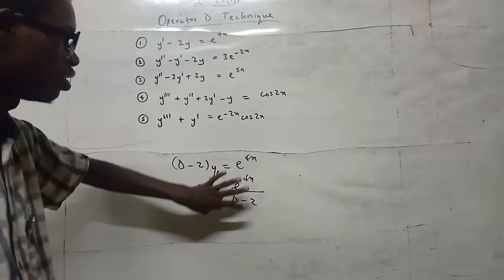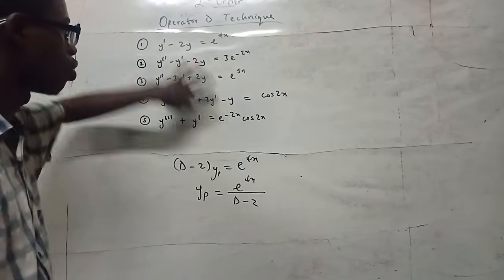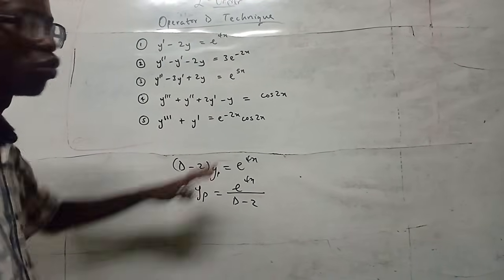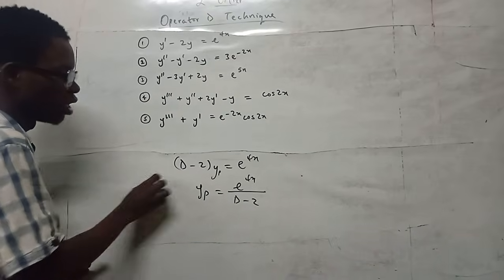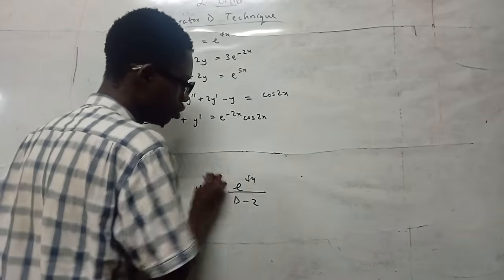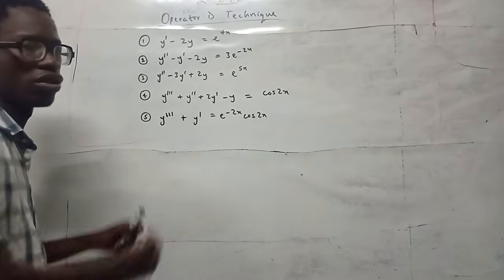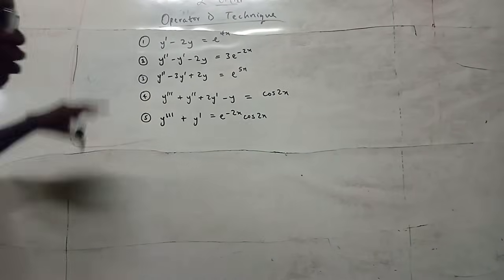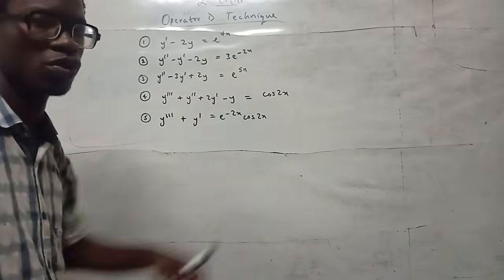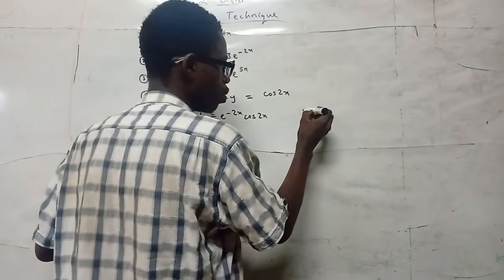We are going to be using this method to evaluate each and every one of these. In our evaluation, if they ask us to evaluate any question like this using the operator D technique, we don't need the homogeneous part, the complementary part, yc.